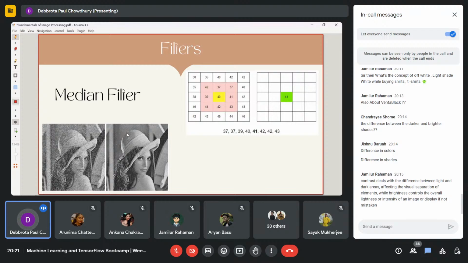So what is a median filter basically? This is one chunk of this image, let's say this part.